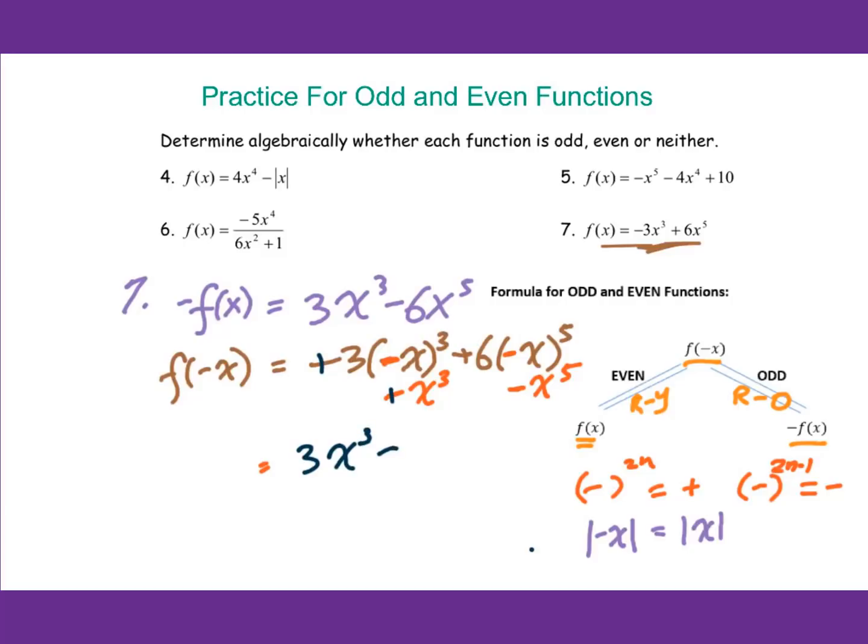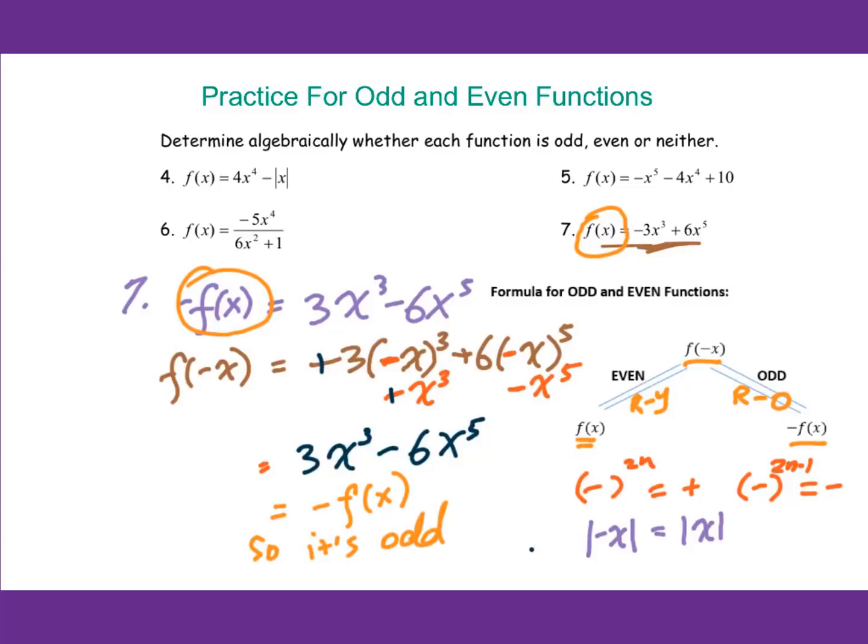Positive times negative is still negative, 6x to the fifth power. Then compared to the original and opposite, we could say it equals the opposite of f of x. Therefore, it is an odd function. And the graph will be reflected across the origin.